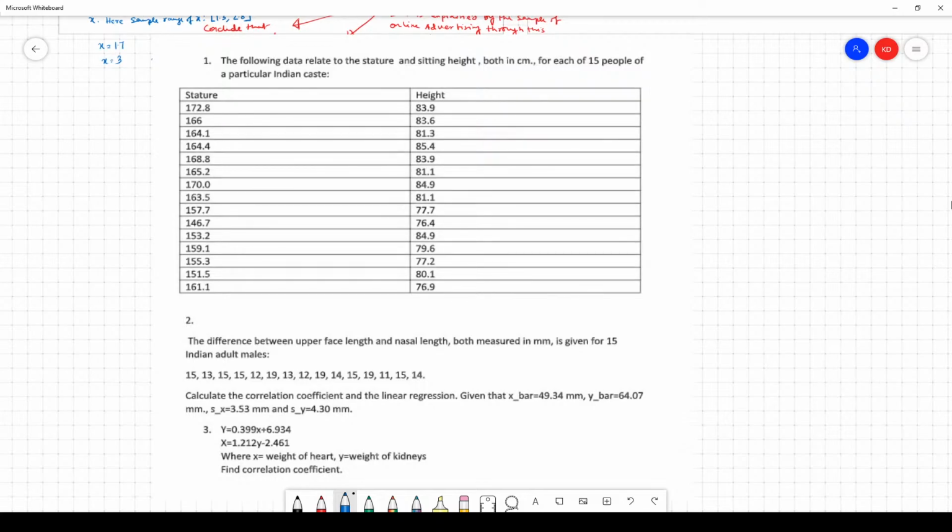I think it is visible now, no? Please tell me, is it visible? Yes or no? So this is your second homework. Arkaprabhu, please do not use mobile. Okay, I think it is visible.